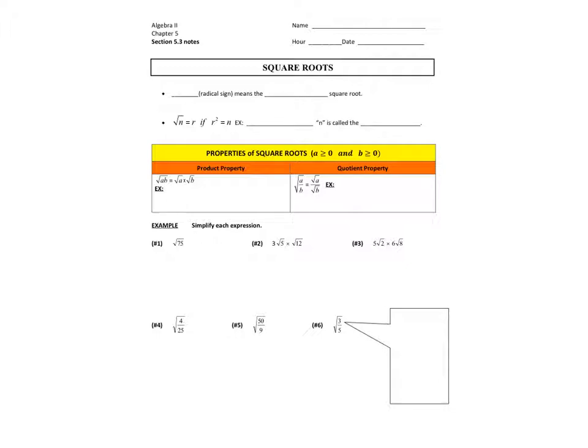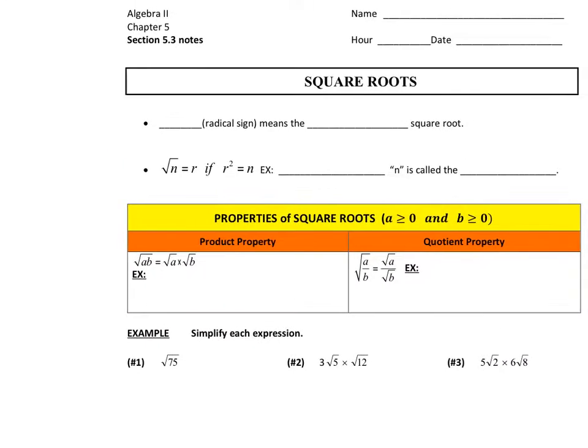So square roots, which should be familiar to many of you. The radical sign or the square root symbol looks like this. And what this means is the positive square root of a number. Okay, so over here in the next line, you'd read that as the square root of n.